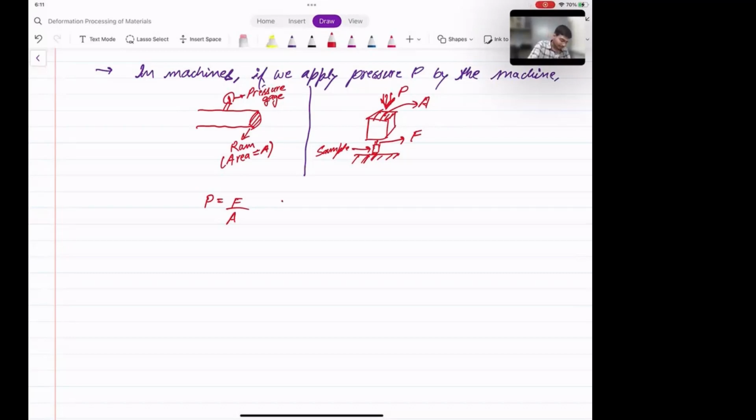Okay, so let me write it here that P is the pressure applied by machine.